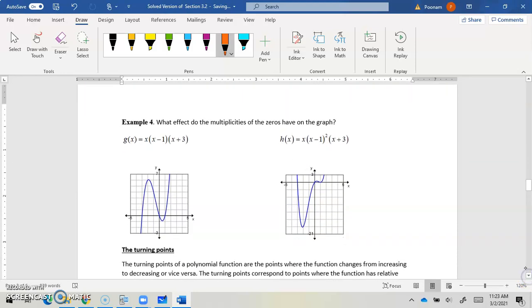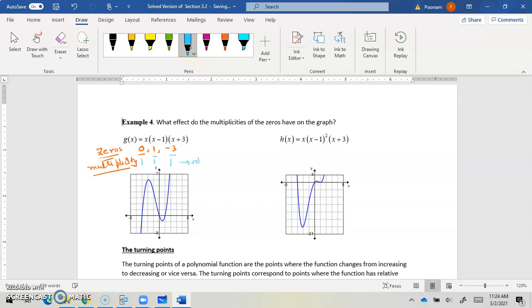Let's do one more example. G of x is given to be x times x minus 1 times x plus 3. What are the zeros? They will be 0, 1 and negative 3. Each of these has a multiplicity of 1. Multiplicity of 0 is 1, of 1 is 1, of negative 3 is 1.